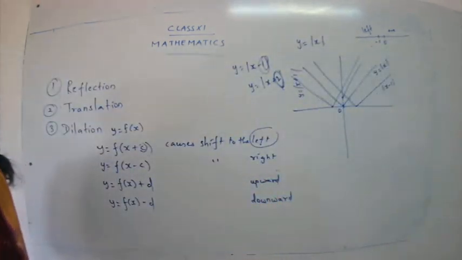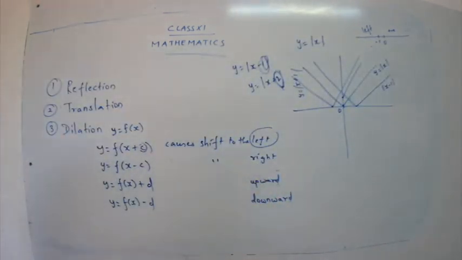Before I go to dilation, you have to go through your illustration 1.9. So 1.9 gives you an idea about mod x minus 1, that is f of x minus d and f of x plus d. Just see how the shift is. First y is equal to mod x was at 0.